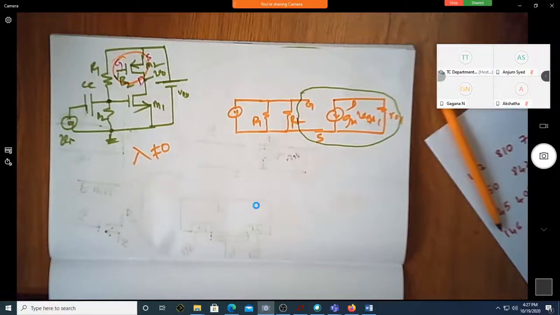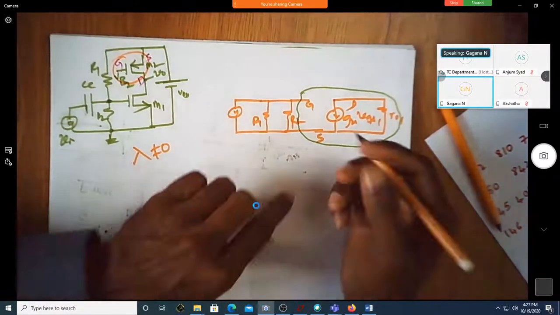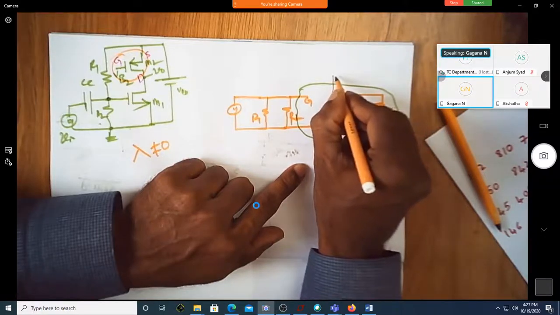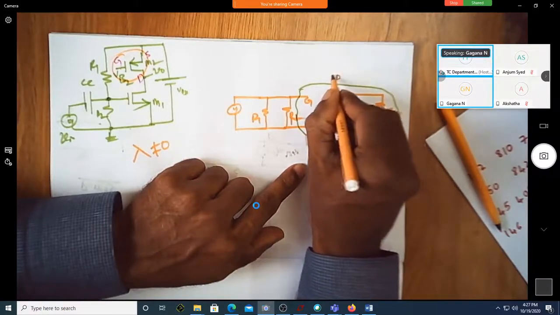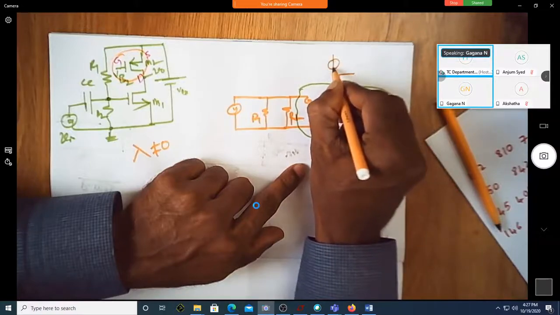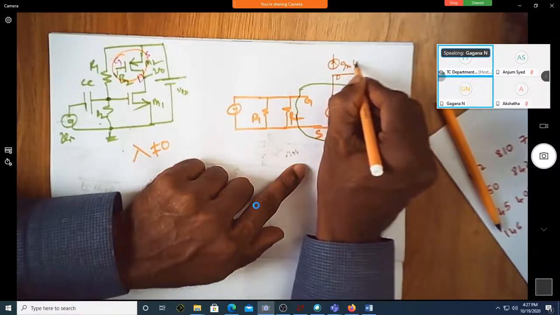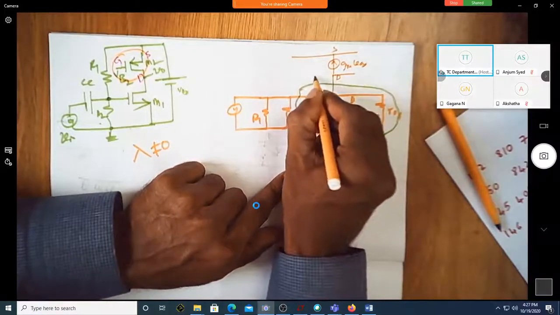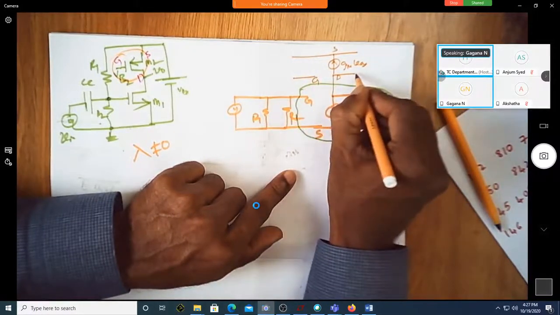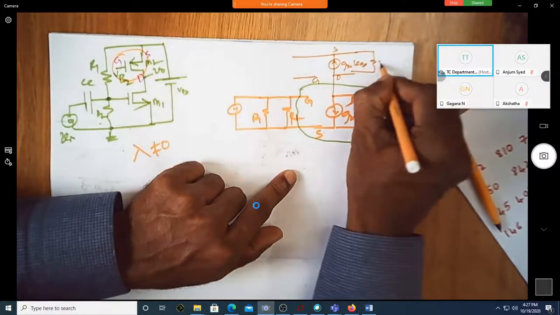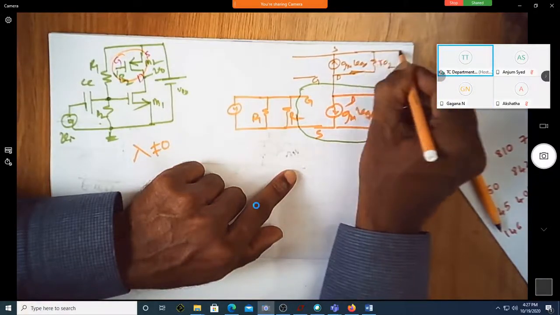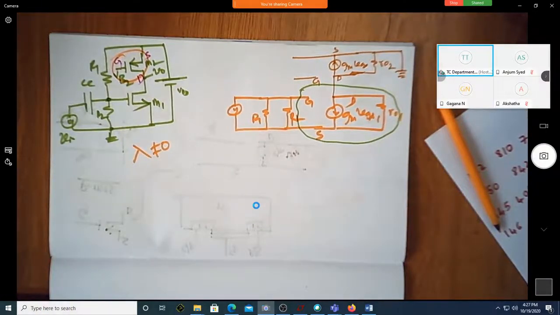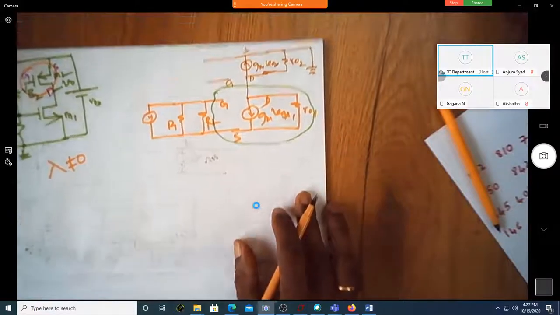Yes, sir. Let me move this above now. This is the drain. Is this gm into VGS? This is the source, and this is the gate. Shall I say this is r02, and this is again grounded? Am I correct? Yes, sir.